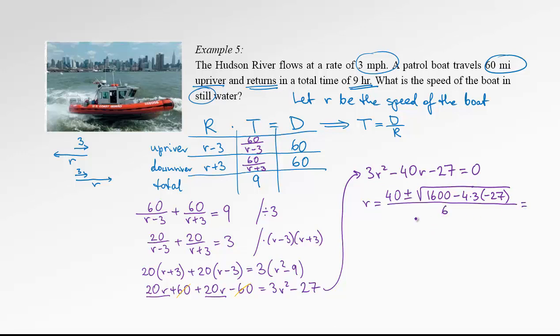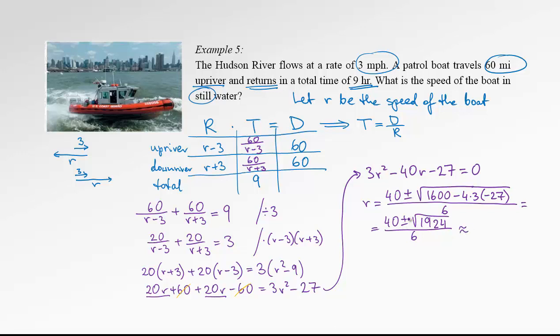And then using our calculator, we have 40 plus or minus the root of 1924, everything over 6. Since this is a word problem and 1924 is not a perfect square number, we don't need to give the exact answer, we need the approximation. So it's okay to use a calculator and approximate these roots.